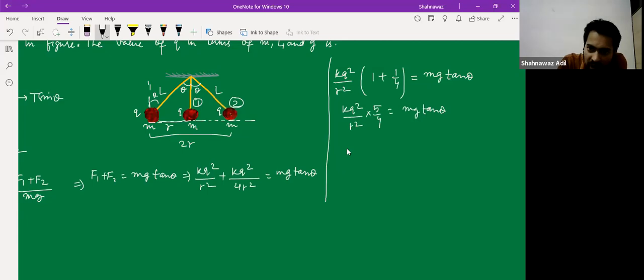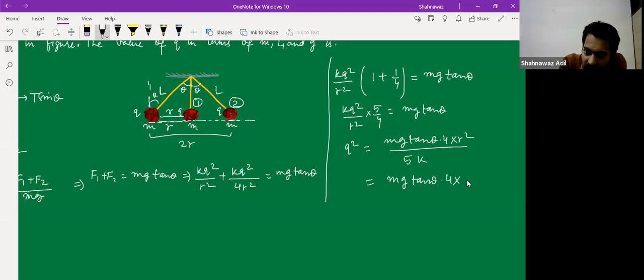Right. So q square you want to calculate. This would be mg tan theta into 4 and then r square and then 5 and then q. Right. And again r is how much? So this is r, this is L, and this is theta. So again r is L sine theta. Right. So mg tan theta into 4 into r is L square sine square theta.